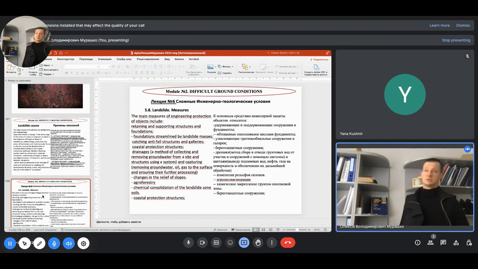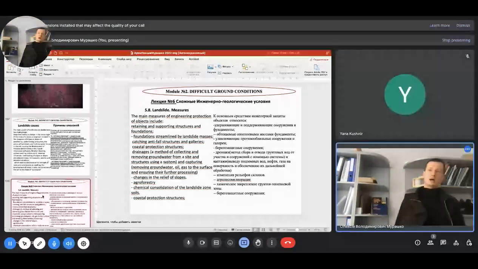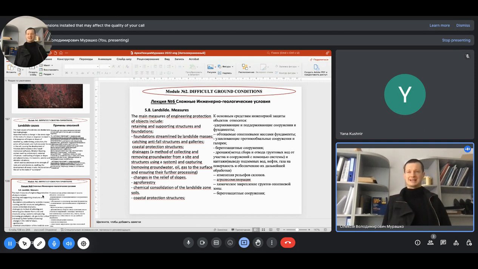Agroforestry is a really good and cheap solution, because the roots of trees can protect our slopes from landslides.